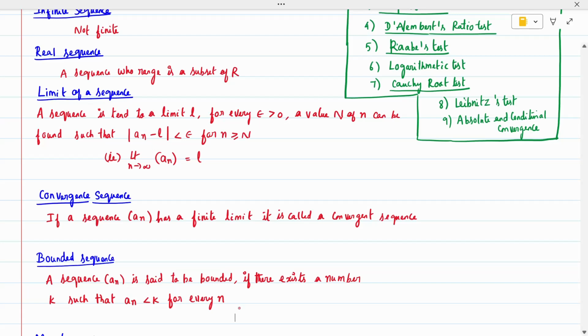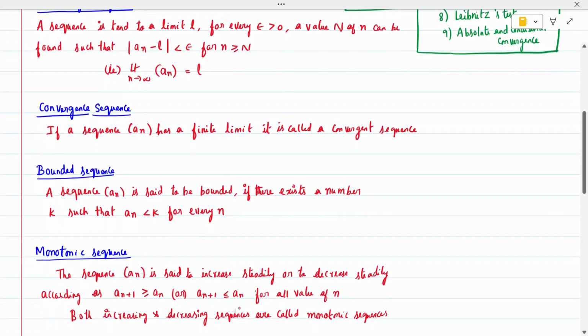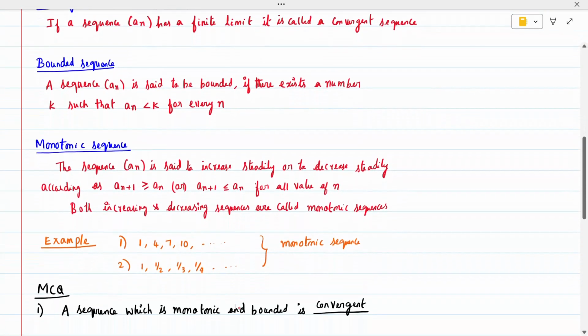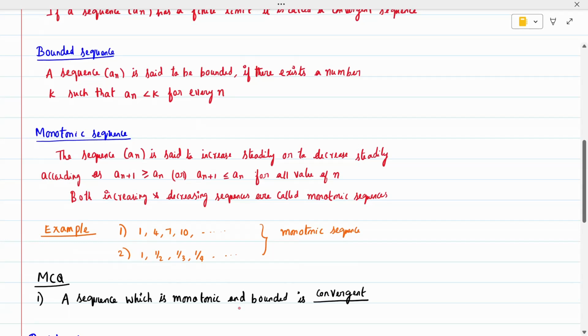The last type is the monotonic sequence. A sequence is said to be monotonic if it increases steadily or decreases steadily, that is, if the conditions are satisfied: an+1 is greater than or equal to an, or an+1 is less than or equal to an, for all values of n.